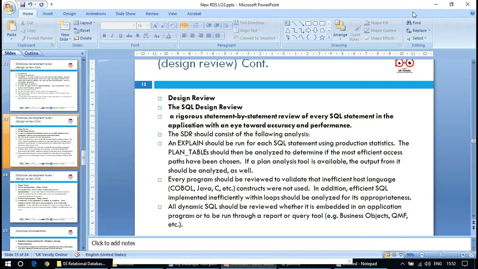Because the computer will not mind if you are asking for all the records; it would ultimately put the burden on the processor and on the RAM, and your processing would become slow.